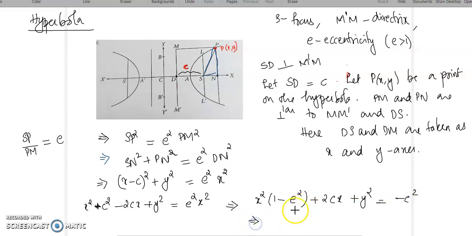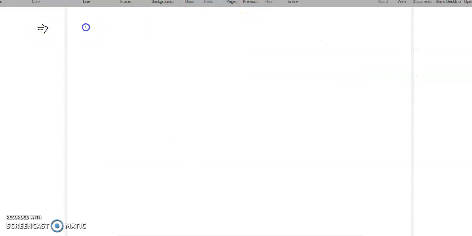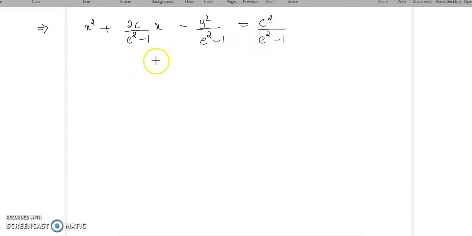So multiplying throughout by minus 1, X square into E square minus 1 minus 2CX minus Y square equal to C square. Now dividing throughout by E square minus 1, that will give X square plus 2C by E square minus 1 X minus Y square by E square minus 1 will be equal to C square by E square minus 1.